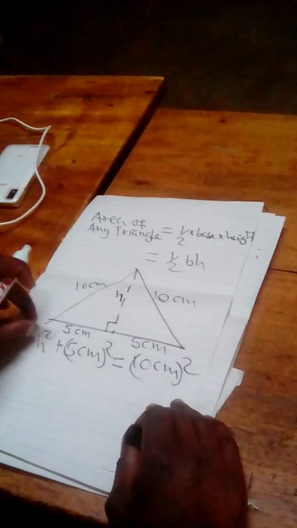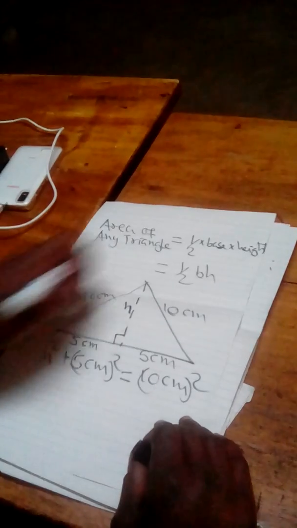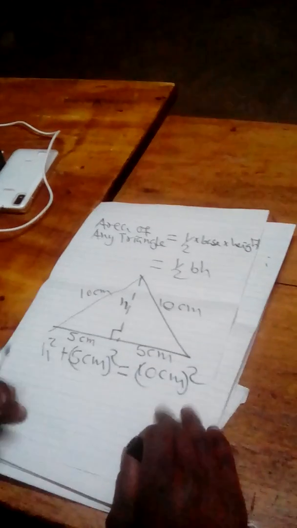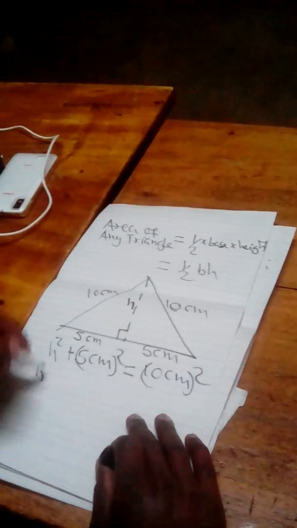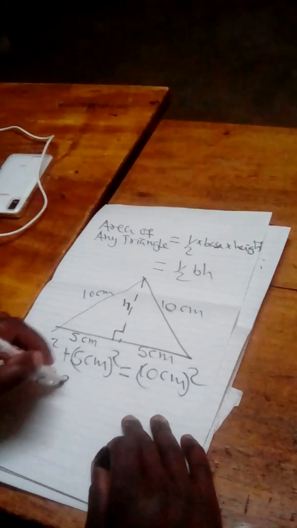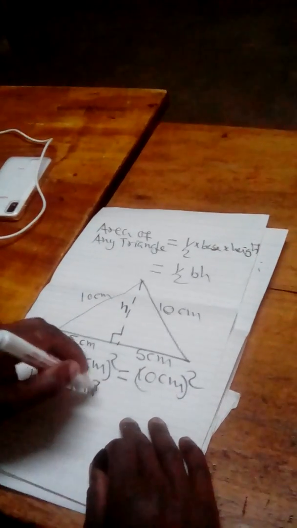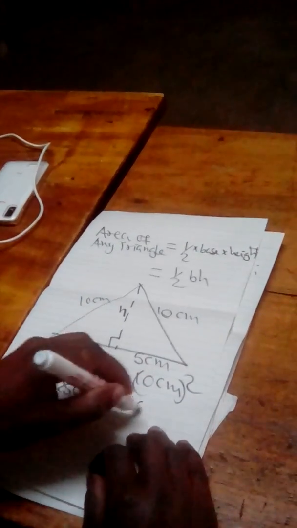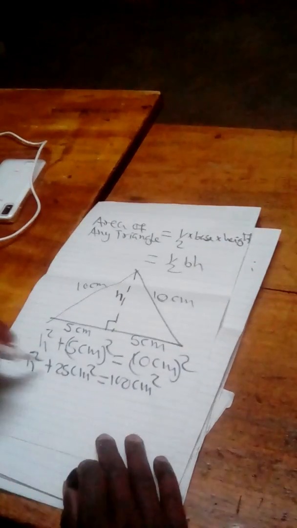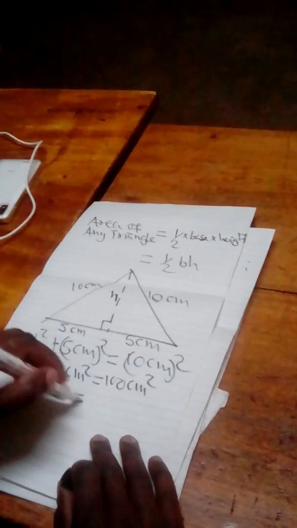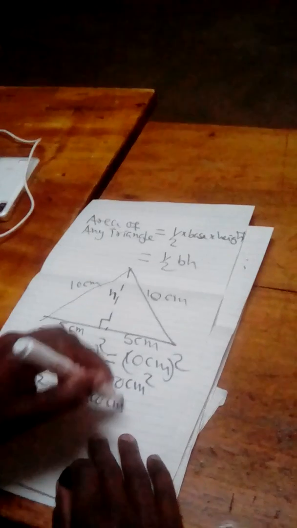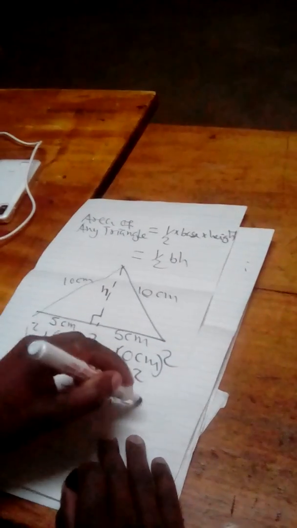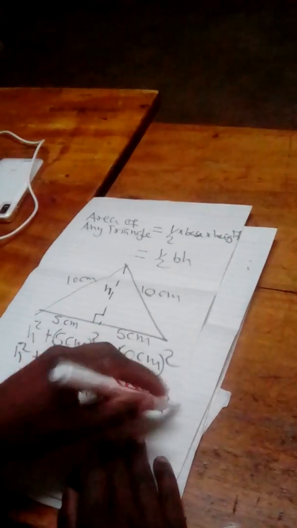The sum of squares of two adjacent sides equals the square of the hypotenuse, the side opposite the 90-degree angle. So this is going to be h squared plus 25 centimeters squared equals 100 centimeters squared. So h squared equals 100 centimeters squared less 25 centimeters squared.